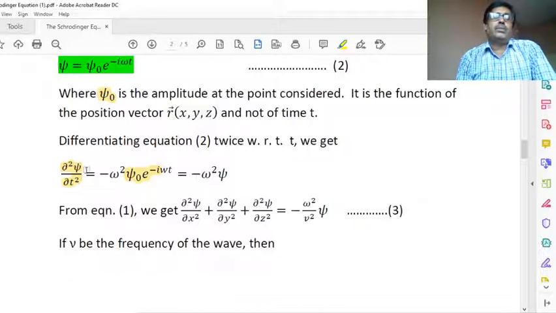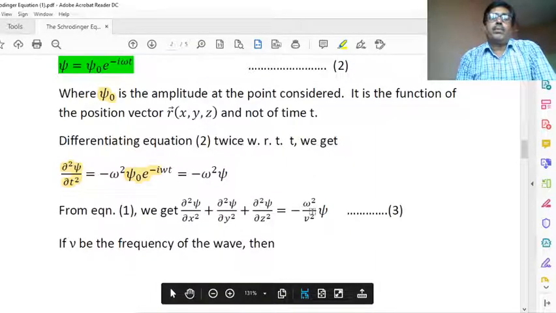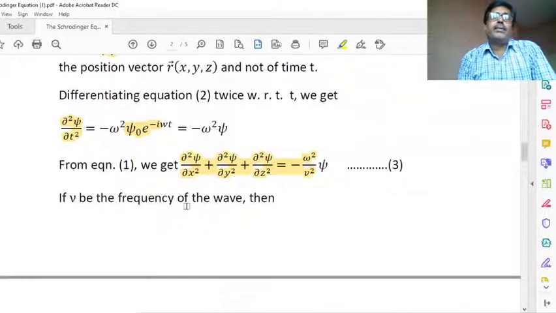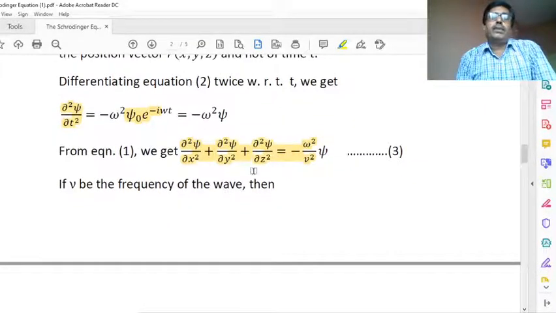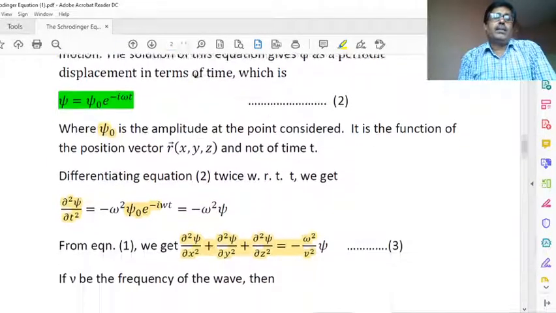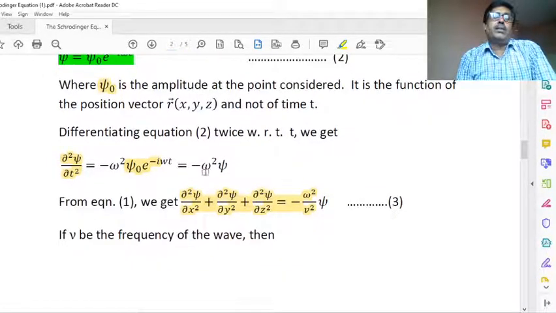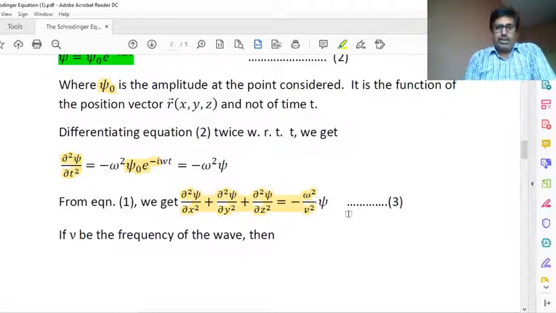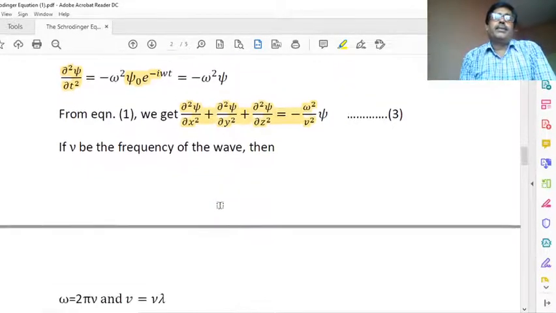Substituting this value of del 2 psi by del t square equal to minus omega square psi in equation 1, we see here 1 by v square del 2 psi by del t square equals minus omega square into psi, so it will be minus omega square by v square psi. The left hand side will not change.